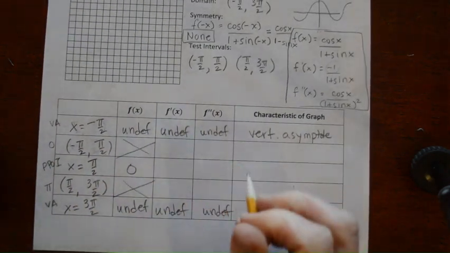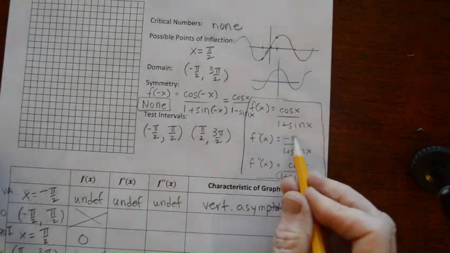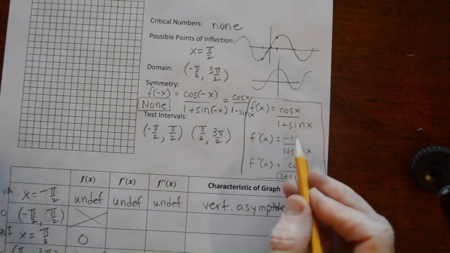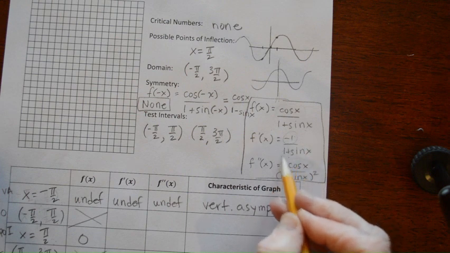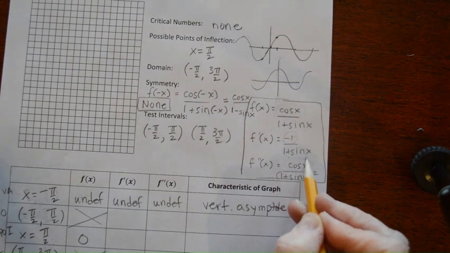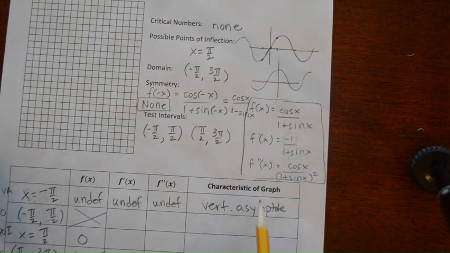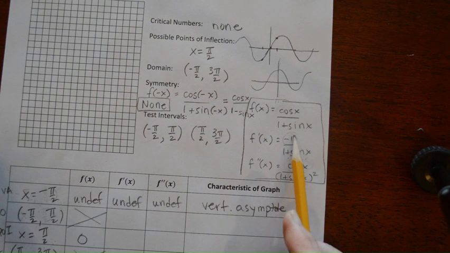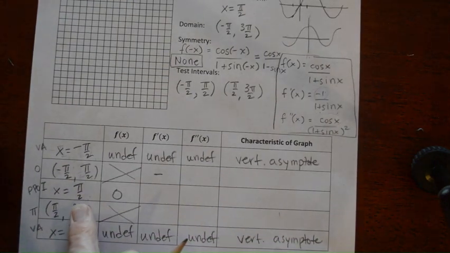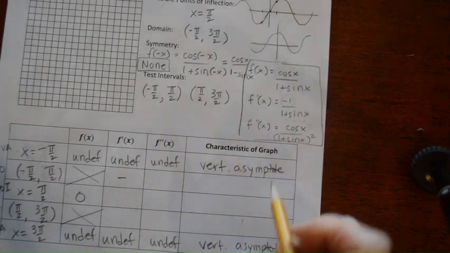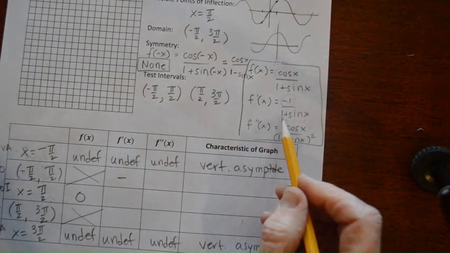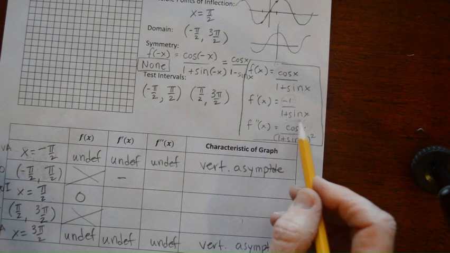All right, so now we're going to do the first derivative, and our first derivative is negative 1 over 1 plus sine x. Again, the numerator's always going to be negative, so really we're just curious to see what's going on down here with the 1 plus sine x to see if it will reverse course or not. All right, so when I put 0 in for x, sine of 0 is 0, so 0 plus 1 is 1, so negative 1 over 1 is negative. I put in pi over 2 in here, so negative 1 over 1 plus sine of pi over 2.